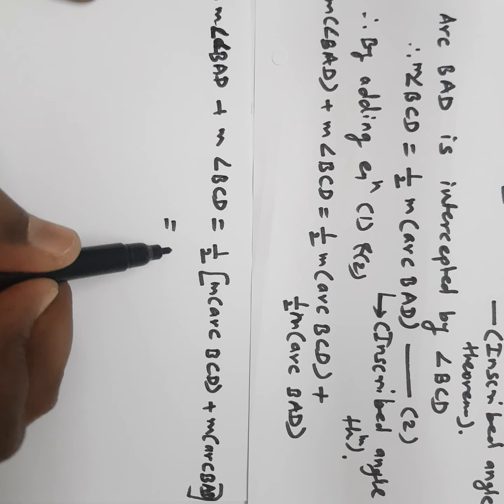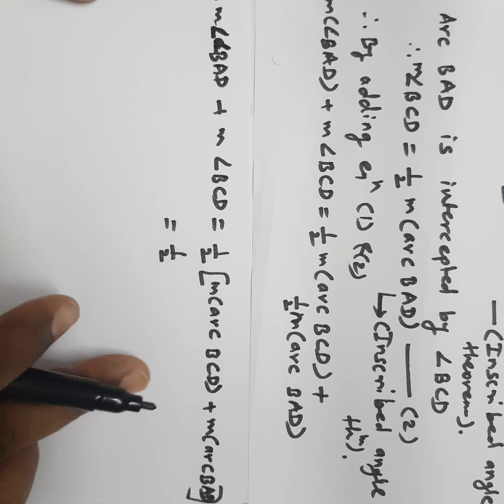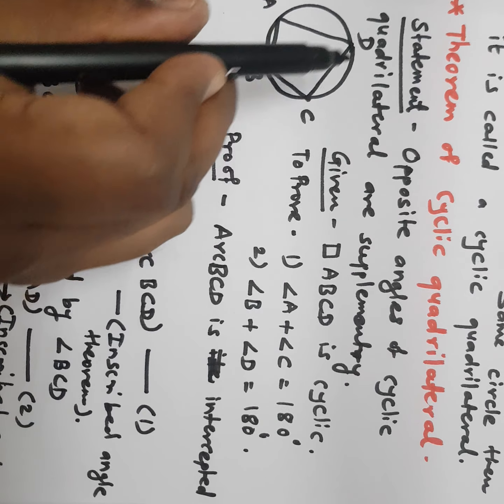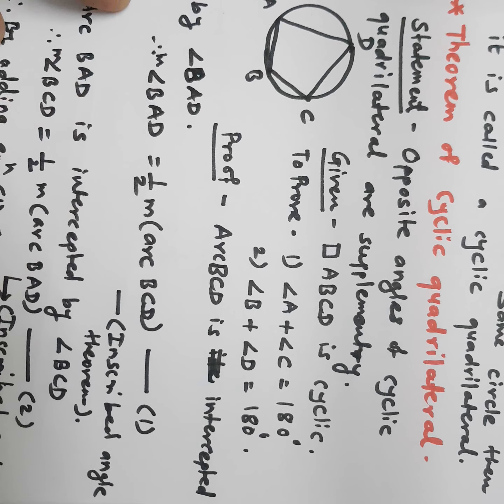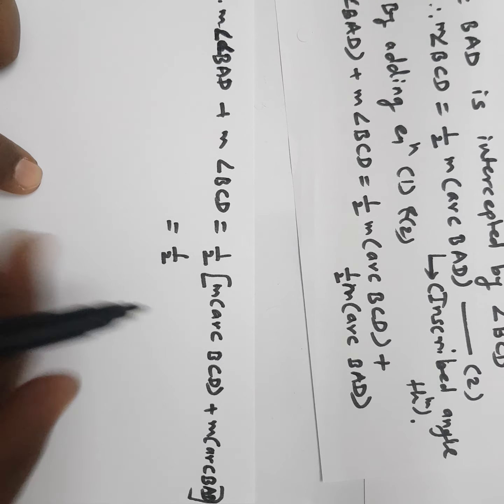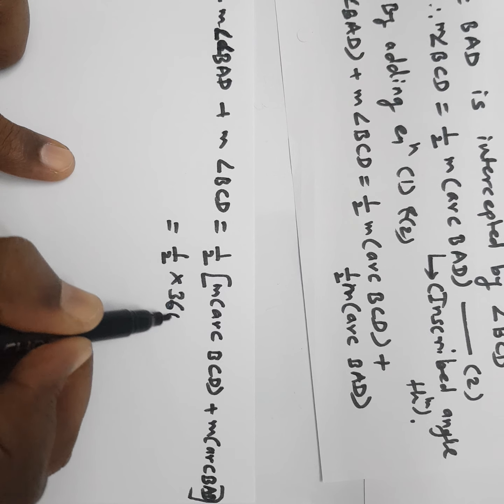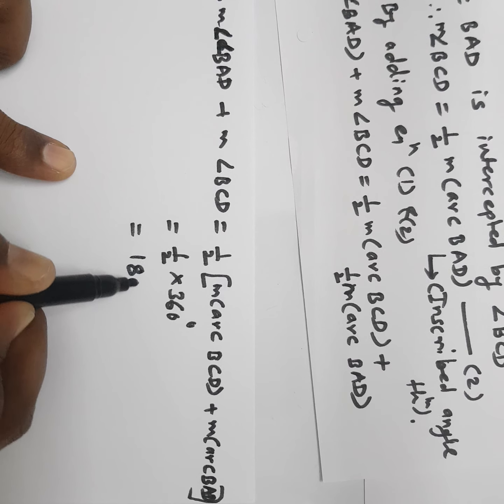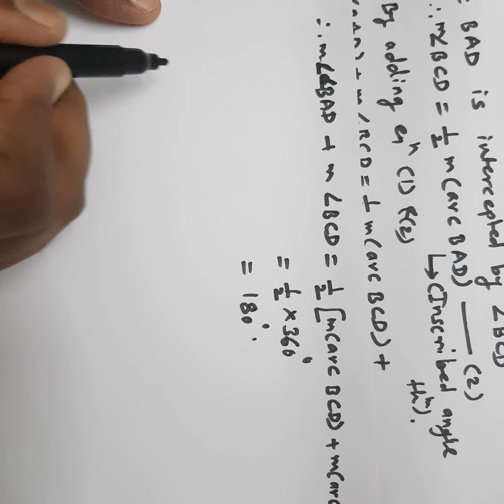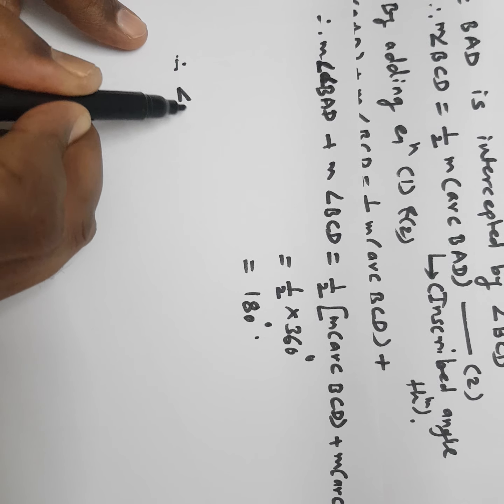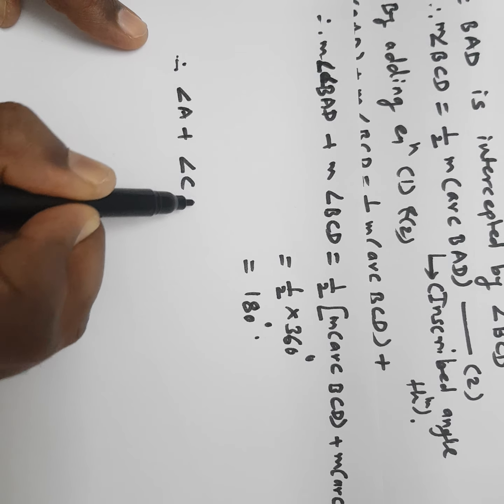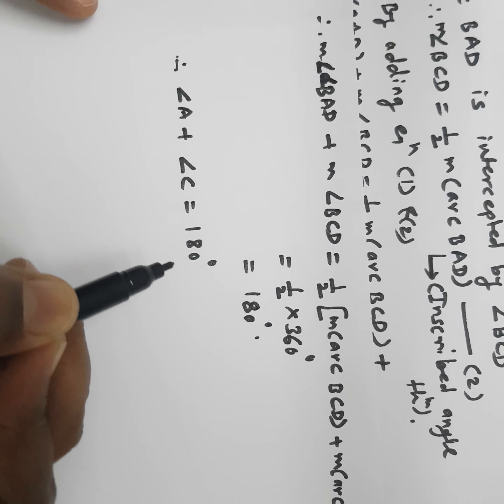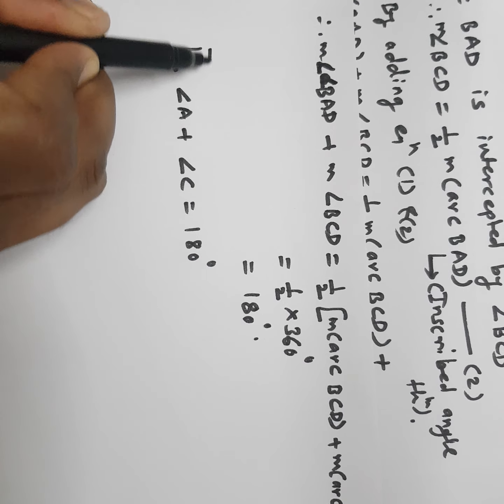Here, arc BCD plus arc BAD, see in the figure, is equal to the total circle, and the measure of the circle is 360 degrees. 1/2 into 360 is equal to 180 degrees. Means here angle BAD plus angle BCD, that is angle A plus angle C, is equal to 180 degrees. It is to prove.